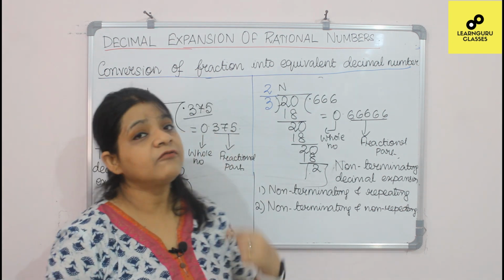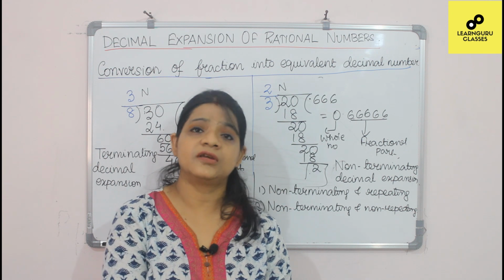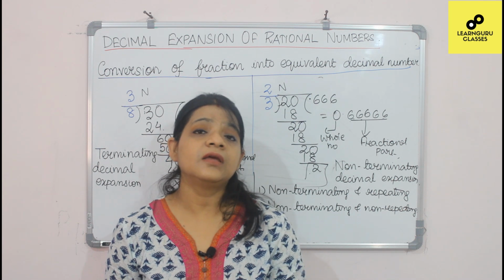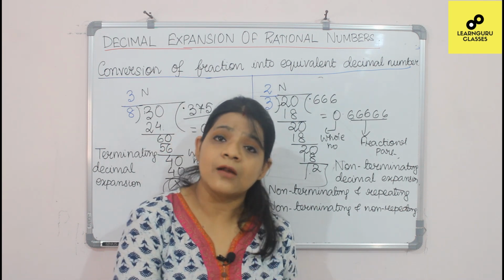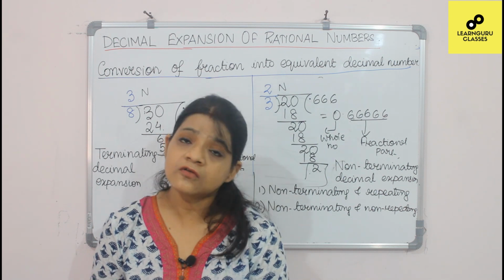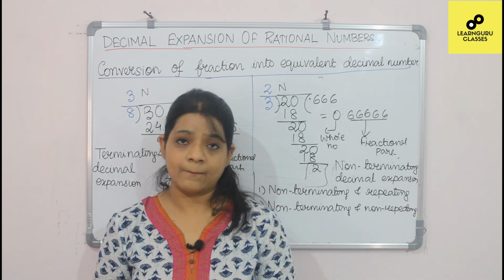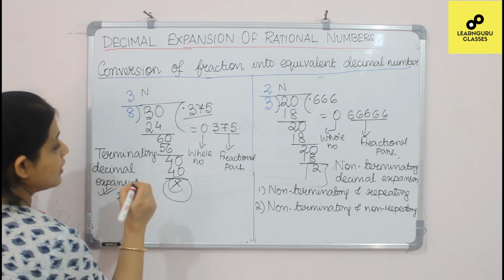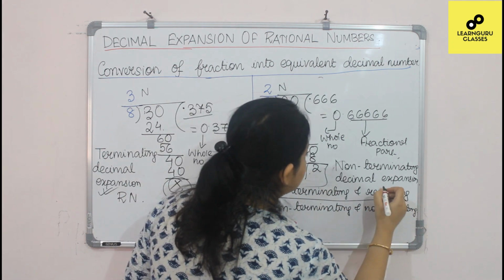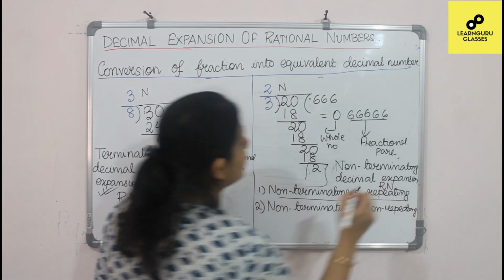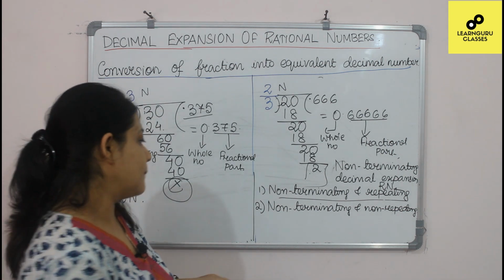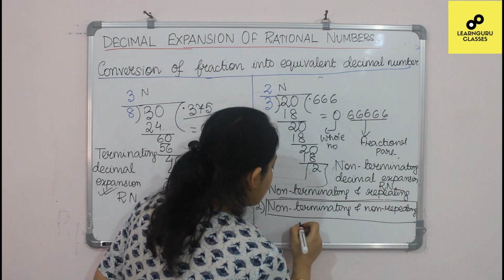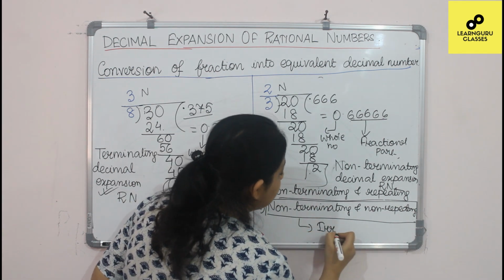When I taught you how to recognize a rational number, I told you that any decimal expansion that is either terminating or non-terminating but repeating is called a rational number. So terminating decimal expansions are rational numbers, and non-terminating and repeating decimal expansions are also rational numbers, but non-terminating and non-repeating ones are recognized as irrational numbers.